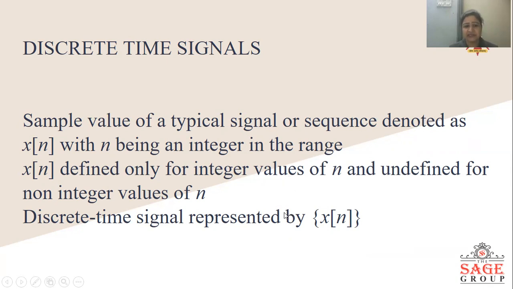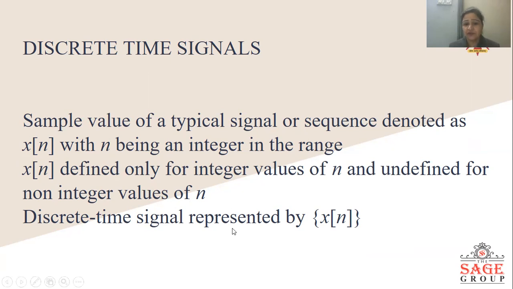A discrete time signal is a sample value of a typical signal or a sequence, and it is denoted by x[n], where n is always an integer. n can take values 0, 1, 2, 3, or -1, -2, -3, and so on. So we can say that x[n] is defined only for integer values of n, and it is not defined for non-integer values of n.